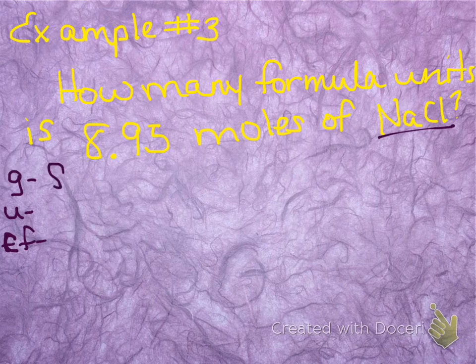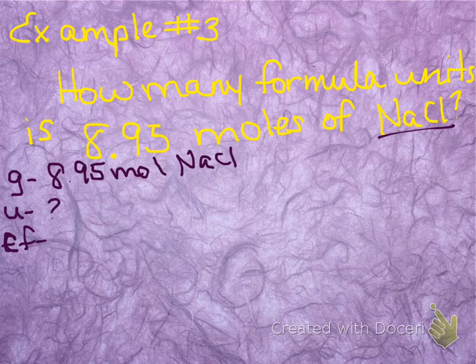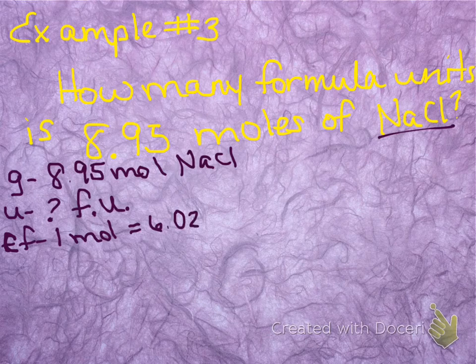In this case, our given is 8.95 moles of sodium chloride. Our unknown is formula units. I'm going to abbreviate formula units, FU. And our conversion factor is going to be 1 mole is equal to Avogadro's number, 6.02 times 10 to the 23rd formula units.